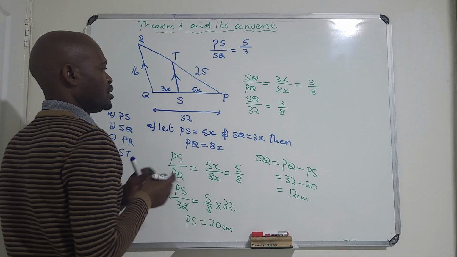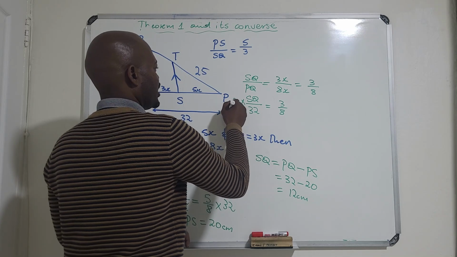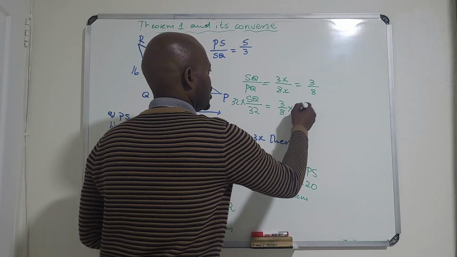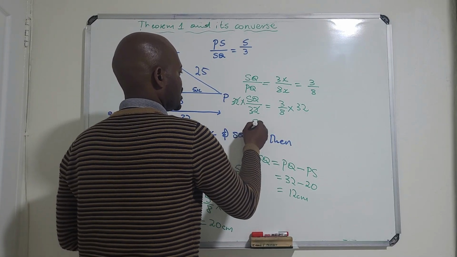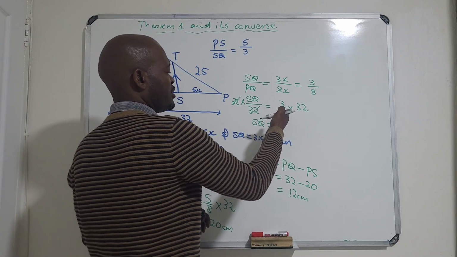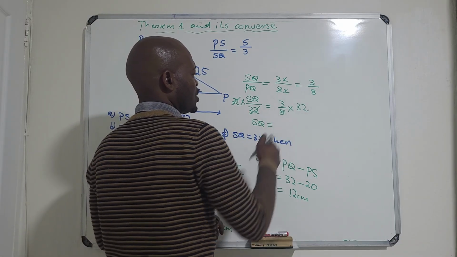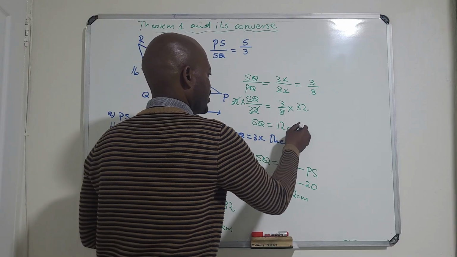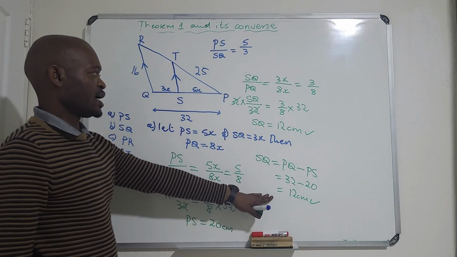We remove 32 by multiplying by 32. Whatever you do on the left, you do on the right. Therefore, this cancels with that. SQ is equal to 8 goes once into 8, into 32 it goes 4 times. 4 times 3 is 12 centimeters, which is the same as that.